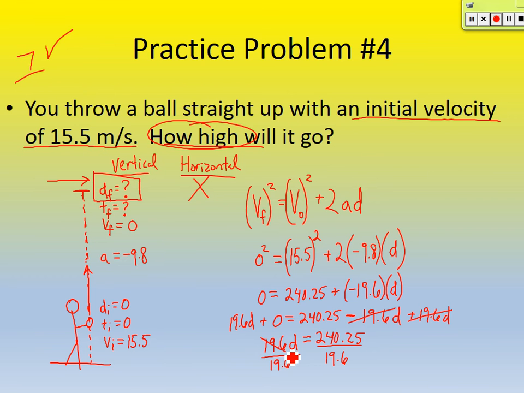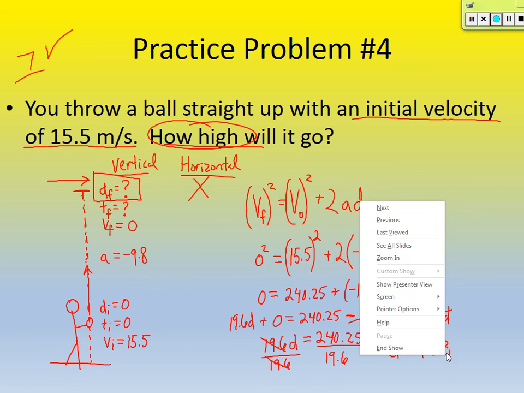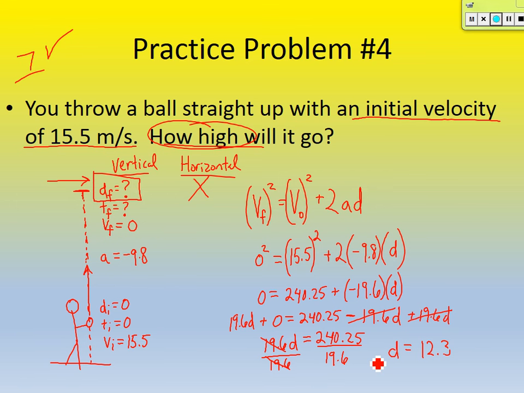So 19.6 divided by itself cancels out. And so our displacement is equal to 240.25 divided by 19.6. And so my displacement is 12.3, and our units for displacement is going to be meters.